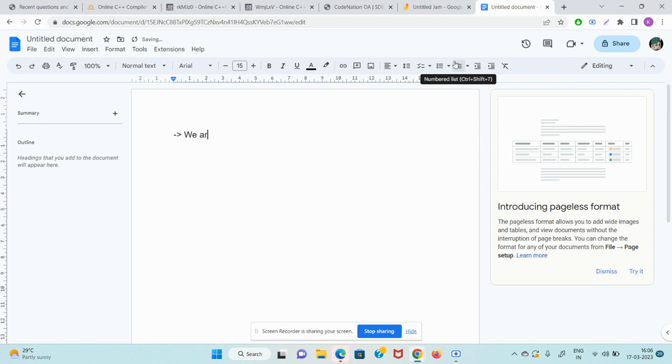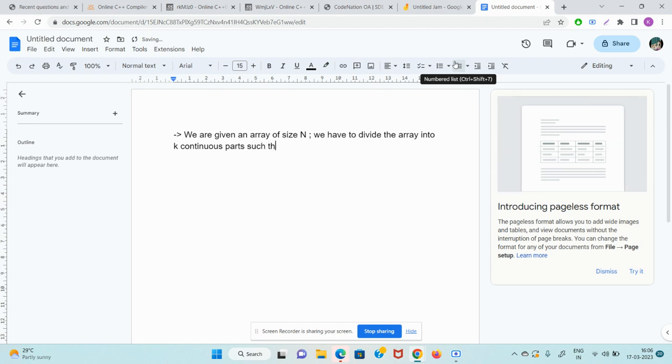We are given an array of size n. We have to divide the array into k continuous parts such that the sum of bitwise OR of each part is as maximum as possible.